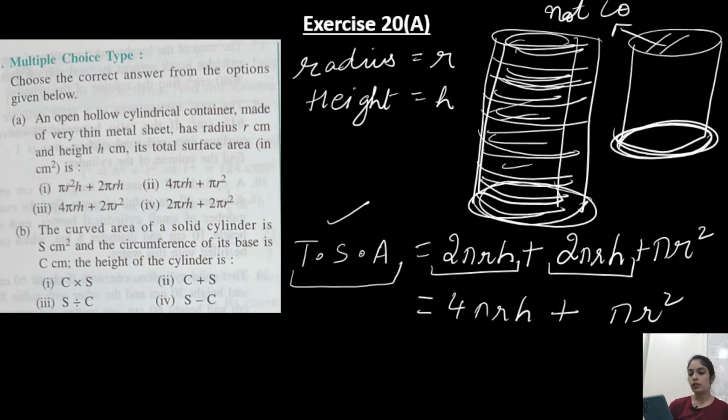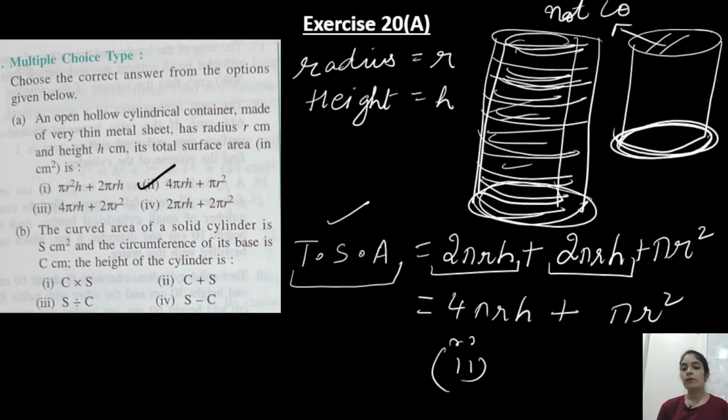So which option? Do you see any option with this answer? You can see the questions are also there on my screen. No. See, option number two is 4 pi rh plus pi r square. So that means the second option is the answer.